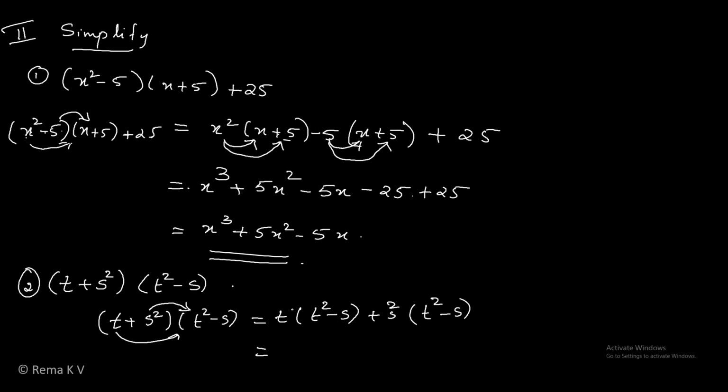This is equal to, multiplying these two terms, t into t² is t³, minus t into s, ts, then plus s² into t².